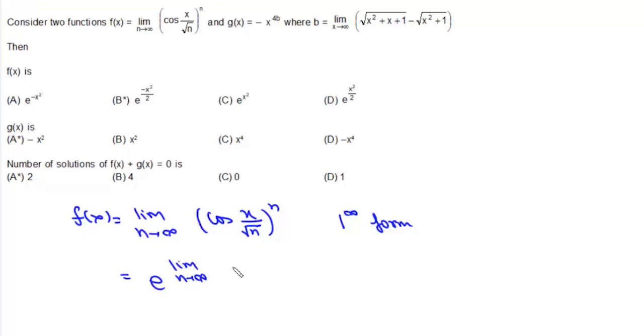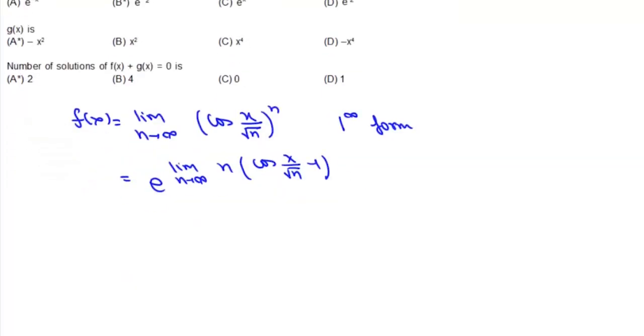We'll use the shortcut directly, so it will be e to the power limit n tends to infinity of n into (cos x by under root n minus 1). Now we'll write this as e to the power limit n tends to infinity. We'll take this minus common. It will be 1 minus cos x by under root n, and we'll take this n in the denominator.